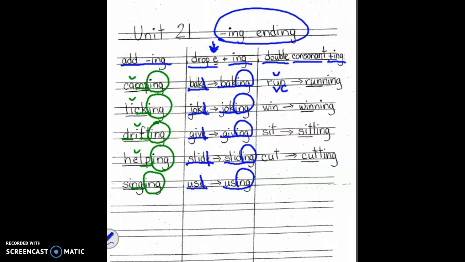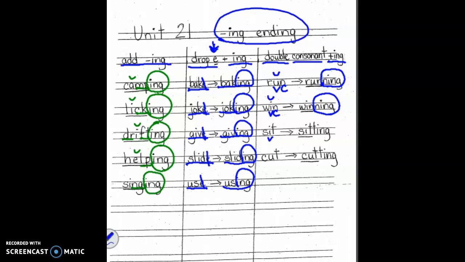So a closed syllable, like the word run, becomes running. But if you notice, we added another N before we added ing. We have win, vowel, consonant, short vowel, and we added another N before we add the ing. So we double the consonant before we add ing.